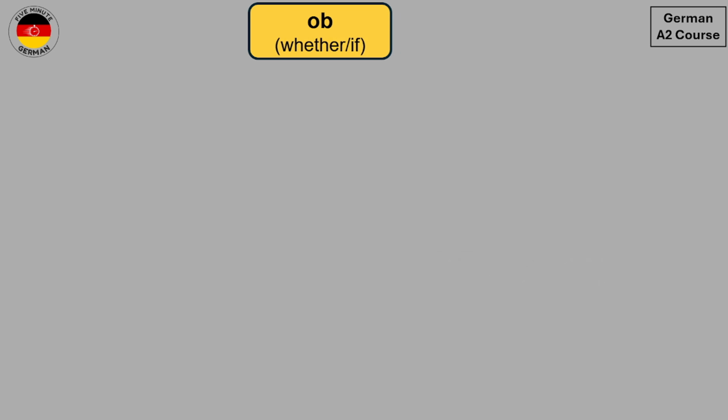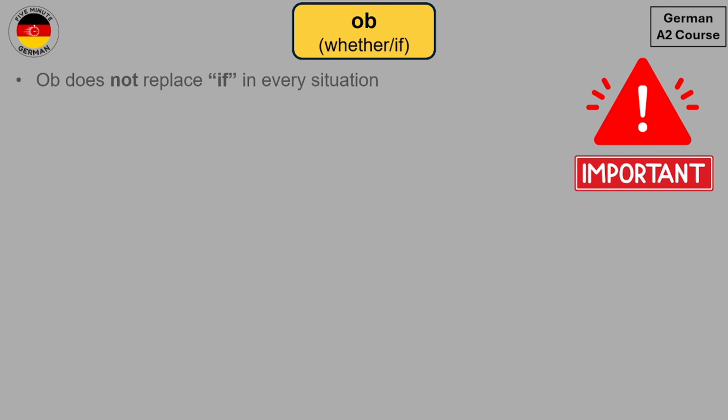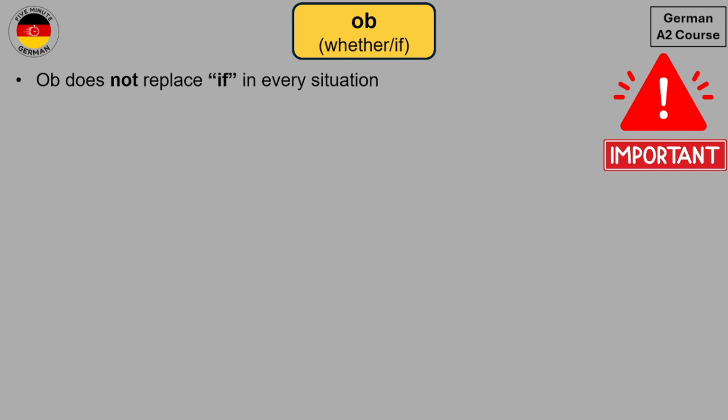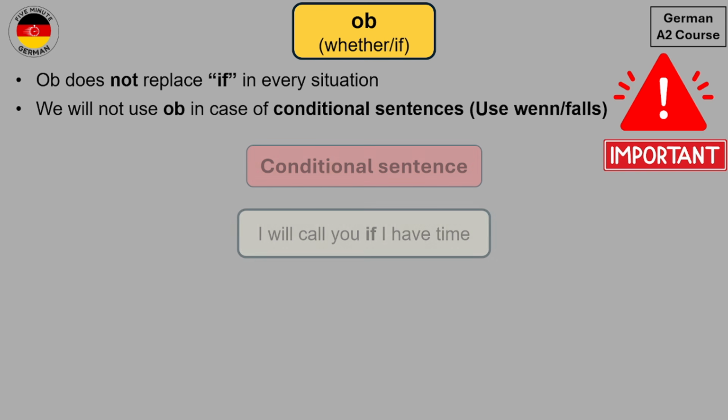Now let's take a look at some cases where we will not use ob. So we know that ob can be translated as whether or if, but it does not replace if in every situation. And we will not use ob in case of conditional sentences. Rather, we will use the other connectors such as wenn or falls, which we will take a look at later. So suppose we have the sentence, I will call you if I have time.